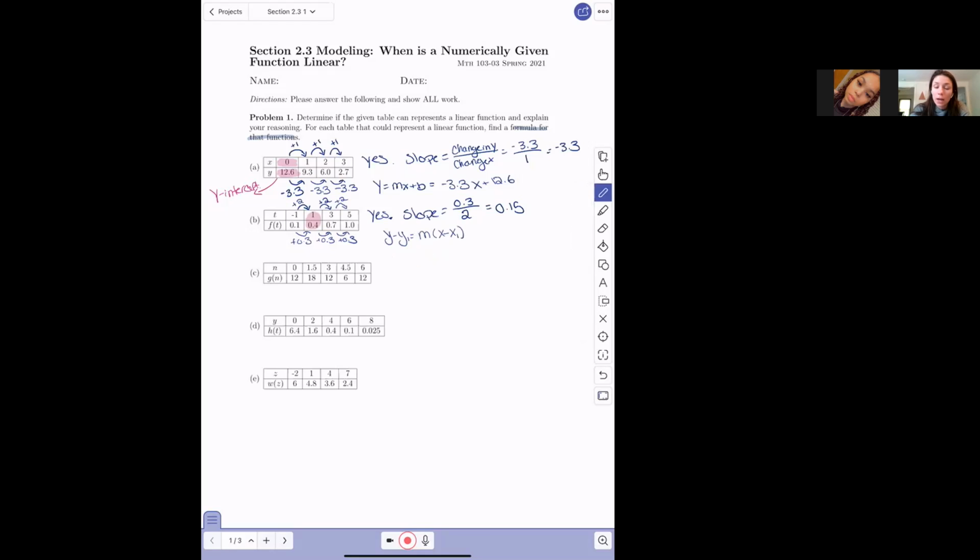I could move this y1 to the other side, so we have y equals m times x minus x1, plus y1. Now I can write it, plugging in my slope and my point: y equals 0.15 times x minus 1, plus 0.4. And that would be your solution.